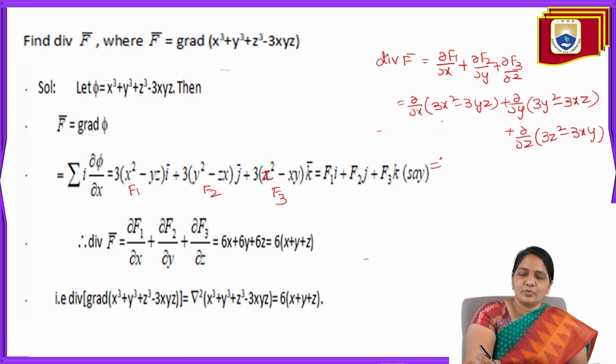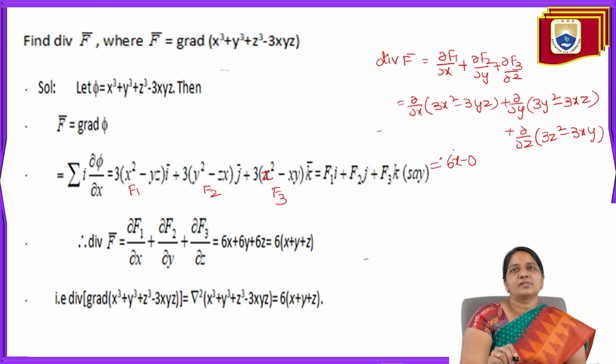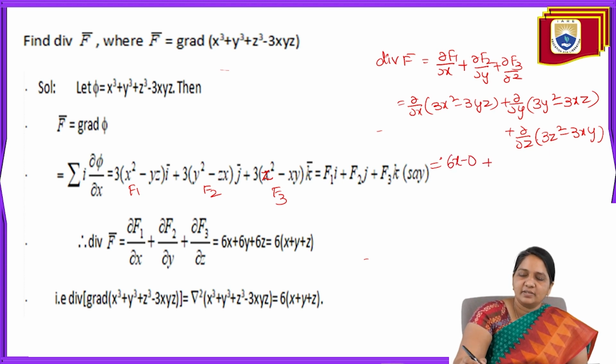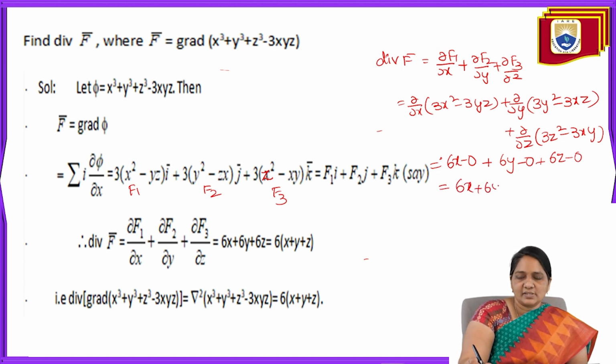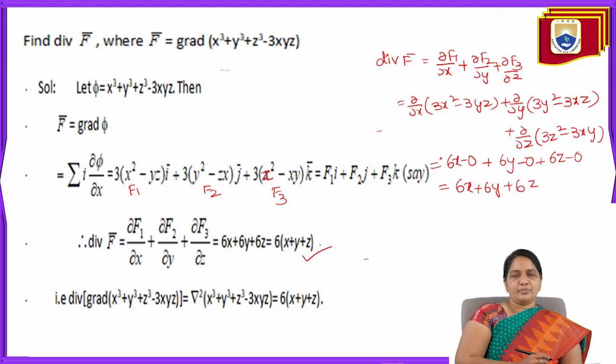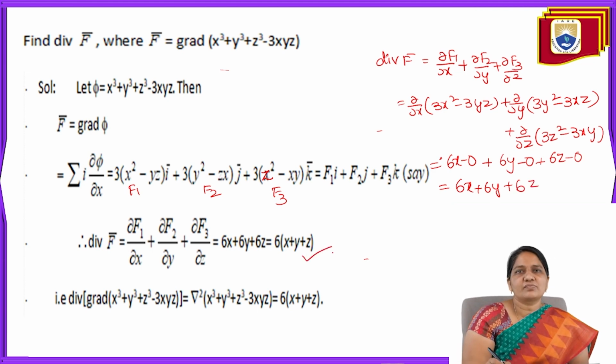Now I am doing dou f1 by dou x. With respect to x, 3 into 2x is 6x minus 0. Plus here with respect to y we are doing, this is 6y. So x, 3 and z, 3 are constant, that is 0. Next, 6z here minus 0. Finally this value is 6x plus 6y plus 6z, so 6 into x plus y plus z.